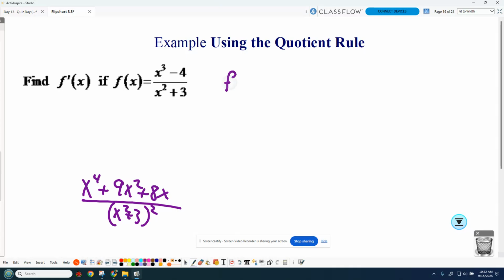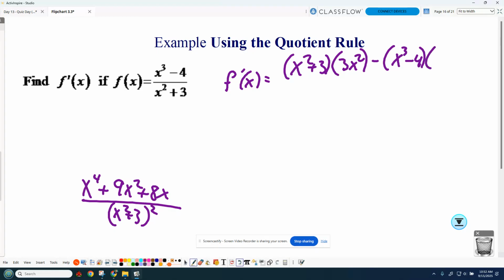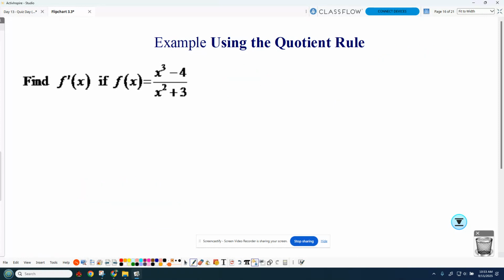So f prime, bottom untouched times the derivative of the top minus the top untouched times the derivative of the bottom over the bottom squared.